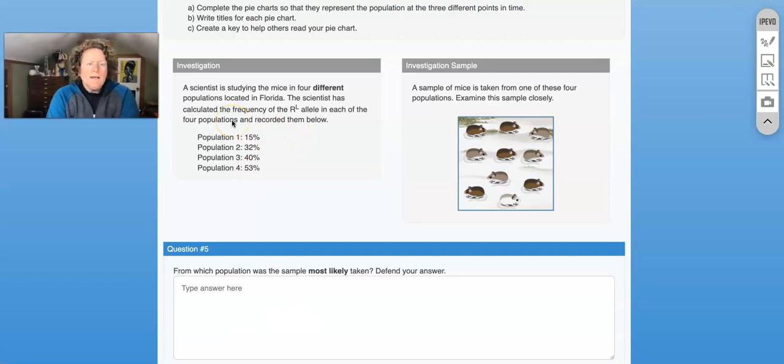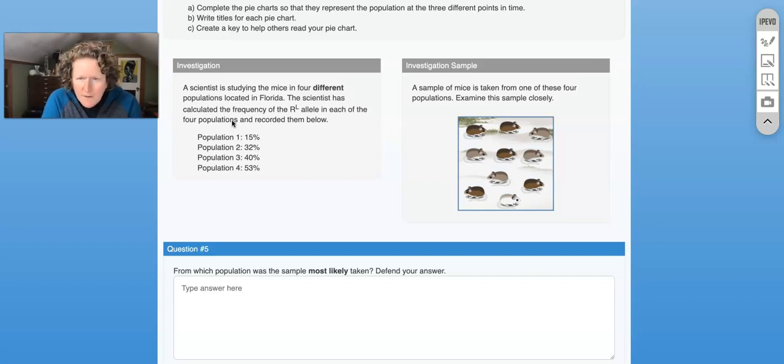So, we have an investigation. A scientist is studying the mice in 4 different populations located in Florida. The scientist has calculated the frequency of the R light allele in each of the 4 populations and recorded them below. A sample of the mice is taken from one of these 4 populations. Examine the sample closely.